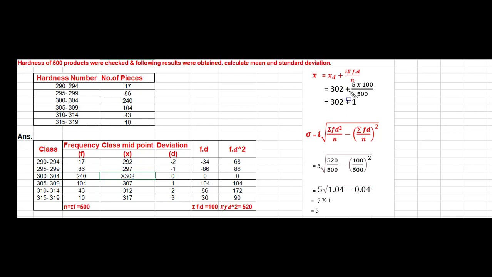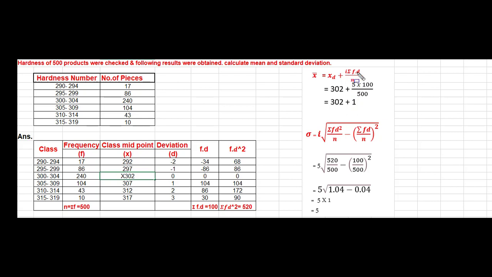I is the interval. The interval is the difference between all the class midpoint values. We have seen previously that the difference between all class midpoint values is 5: 292 and 297, 297 and 302, all these values have a difference of 5. So the interval I will be 5.